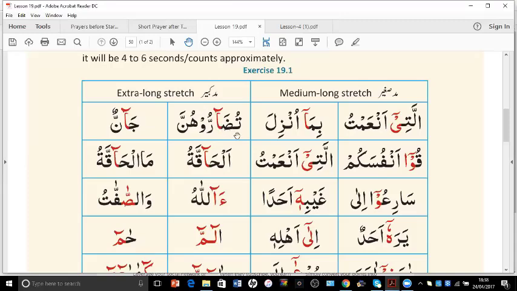So one more time. Tudarruhunna. Okay. This is going to be a work in practice. One more time.